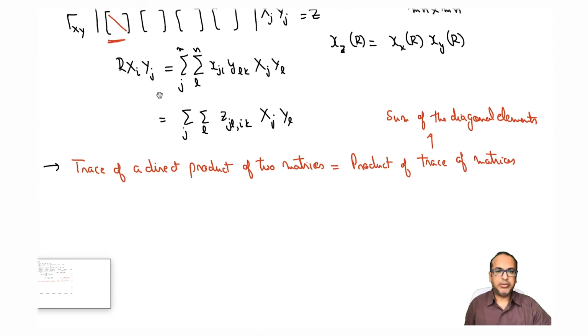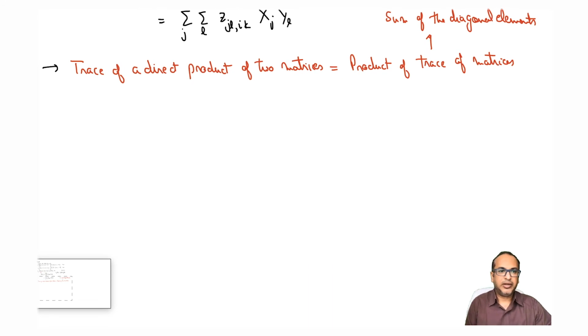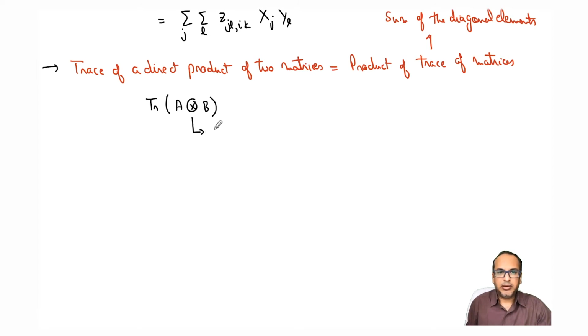Let's see mathematically what we can write. We can write this statement as trace of A cross B. Now the direct product is denoted by this symbol, so this means direct product.